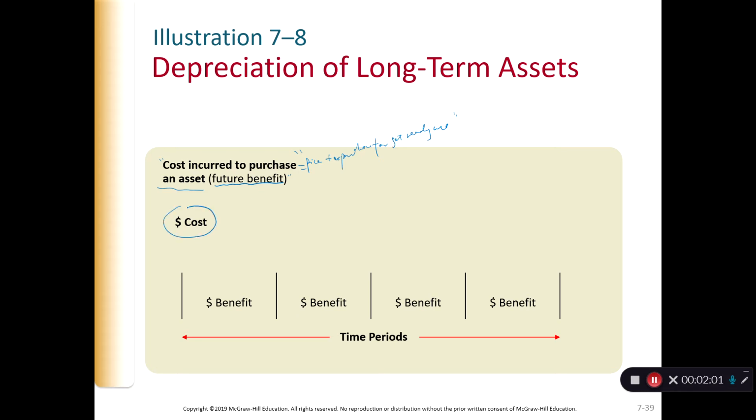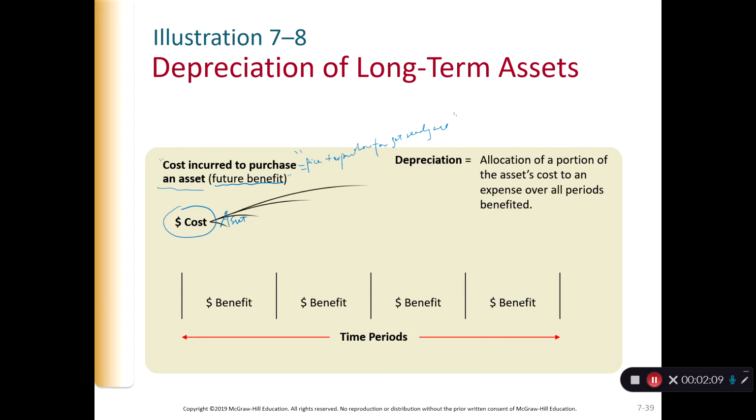Hence, this cost we call asset cost. It benefits you in the time period that you are using it. Therefore, in the accounting definition, we want to allocate those costs into the future periods when you are gaining the benefits from these assets.